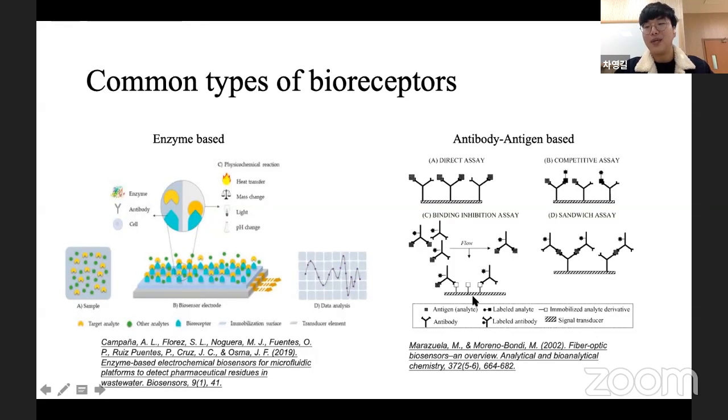And as I already mentioned, the pregnancy test kit uses the sandwich assay format, in which the antigens are incubated with an excess of a primary antibody, and the resulting antigen-antibody complex is incubated with a second antibody, which binds to a second antigenic site.